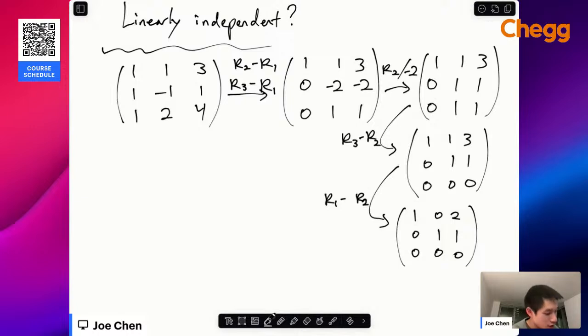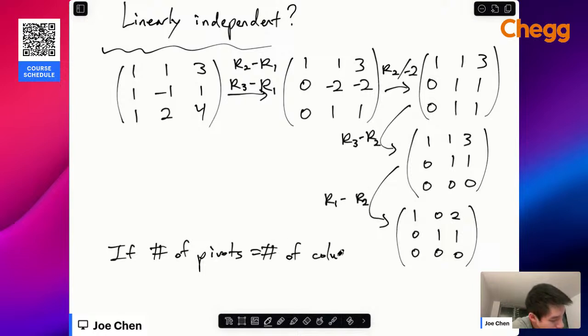So let me summarize. For linear independence questions, we can get it in row reduced form, and then if the number of pivots is equal to the number of columns, then the vectors are linearly independent.